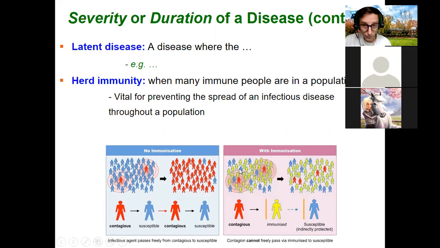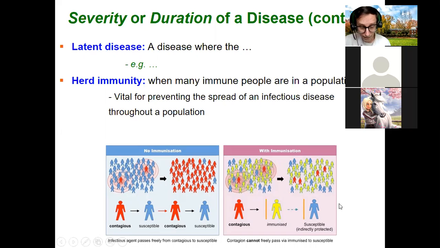They are not immune, but the disease can't spread from this individual to that individual. So this is herd immunity. And if enough people get vaccinated for COVID-19, the COVID-19 will stop spreading.